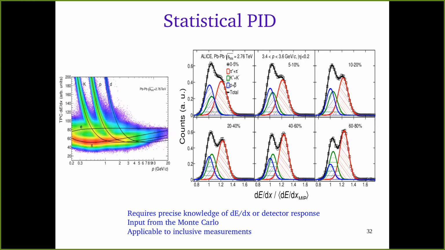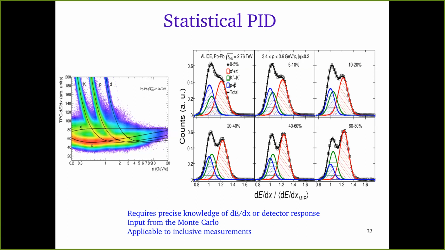Now, you use the information based on the Monte Carlo. If there is a pion, what would be its mean position, and what could be its sigma? So you try to constrain your individual Gaussian fittings with that information and try to do a best fit.